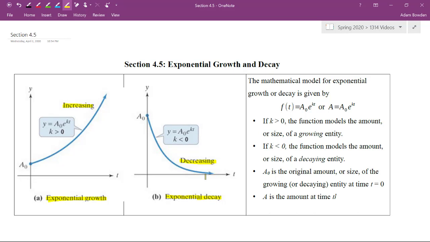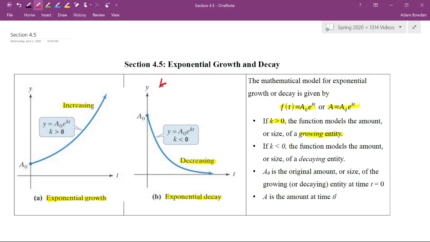The function that we're going to use for exponential growth or decay is f of t equals a naught e to the kt power, or sometimes they just call it A equals A naught e raised to the kt power. So let's go through what these letters stand for. K, if it's greater than 0, is going to stand for the rate at which growth is happening in exponential growth.